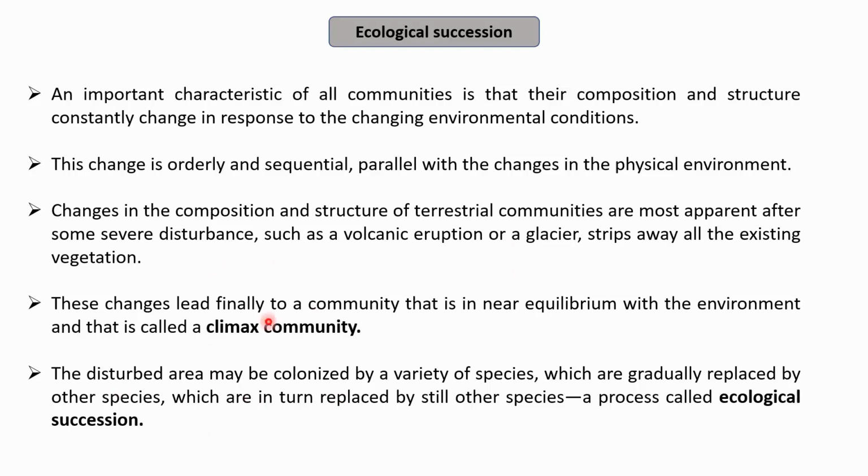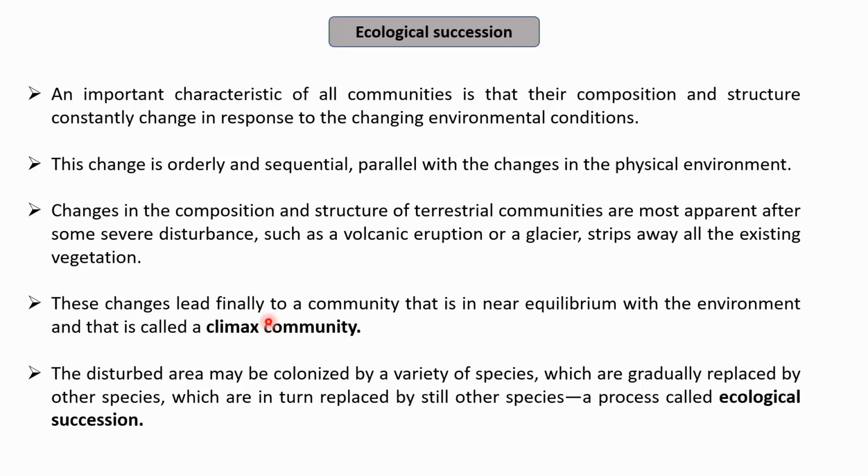The climax community remains almost in equilibrium with the environment, and is therefore the most stable community, the one that has survived these harsh conditions and is the ultimate community for that particular ecosystem.